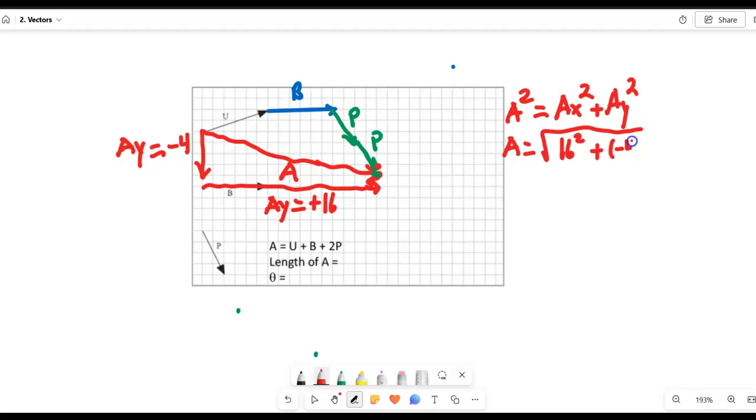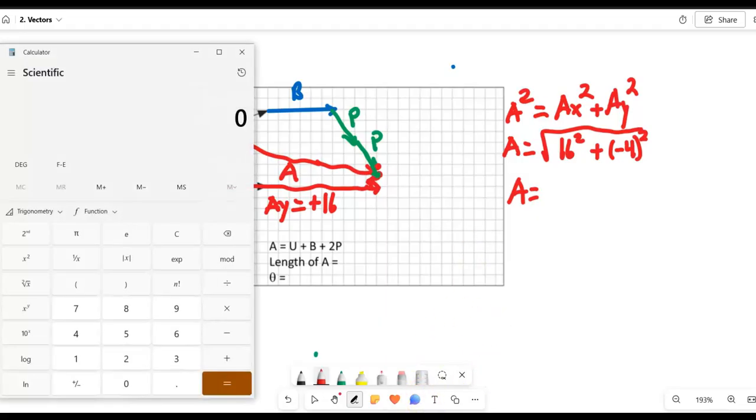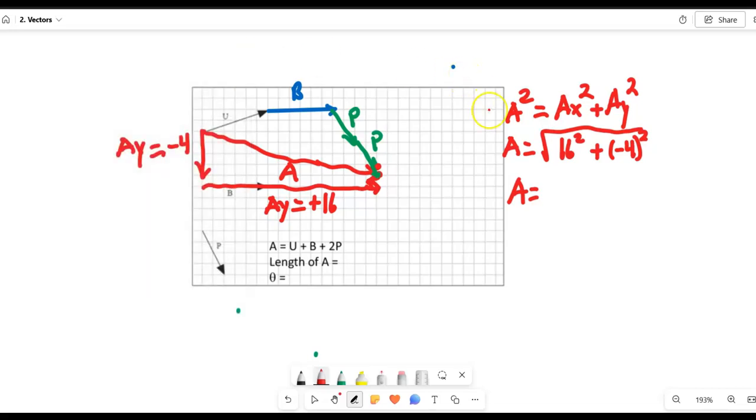So that's going to be negative 4 that we're going to square. So 4 squared is 16. So let's do 16, and we're going to square it. We're going to add to that 16 equals, and then square root. 16.49. So that is the length of A, 16.49.